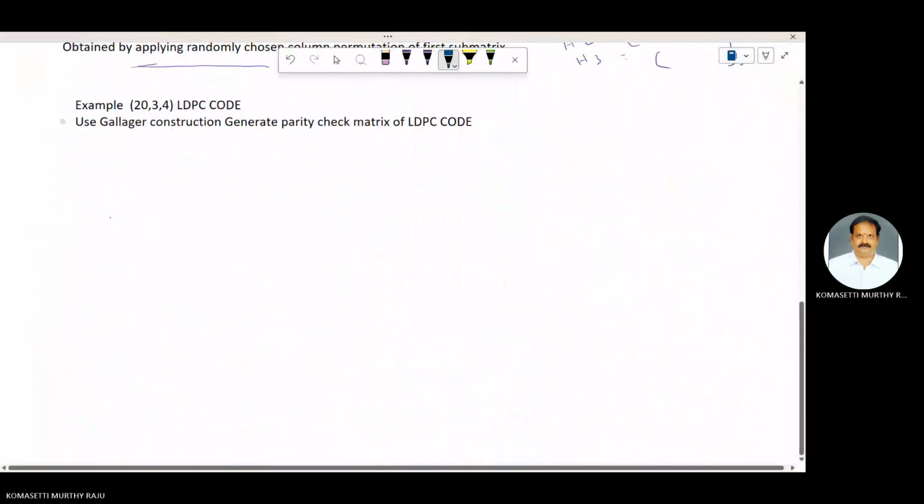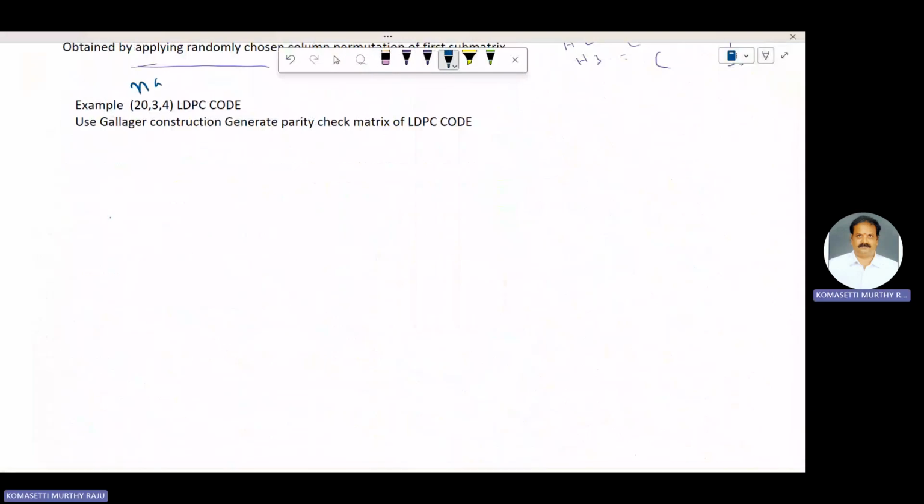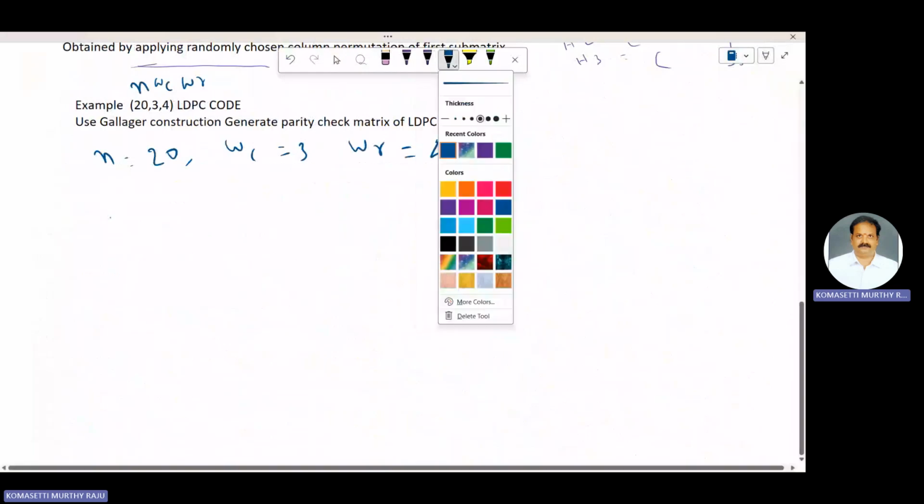Here, the example 20 comma 3 comma 4 means here n is 20, 3 means WC, 4 means WR. Here n is equal to 20, WC is equal to 3, the column weight, and the row weight WR is equal to 4.